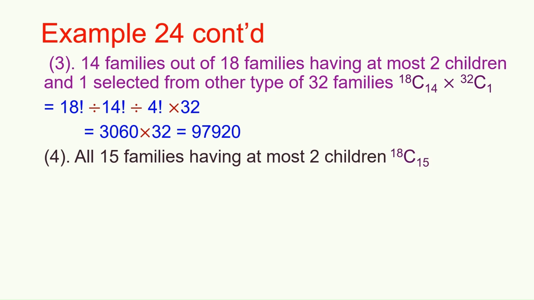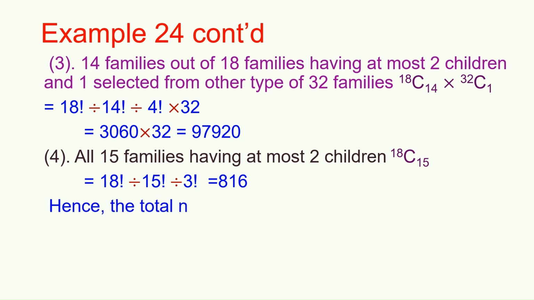Fourth scenario: all 15 families having at most 2 children. 18C15 equals factorial 18 divided by factorial 15 divided by factorial 3 equals 816.